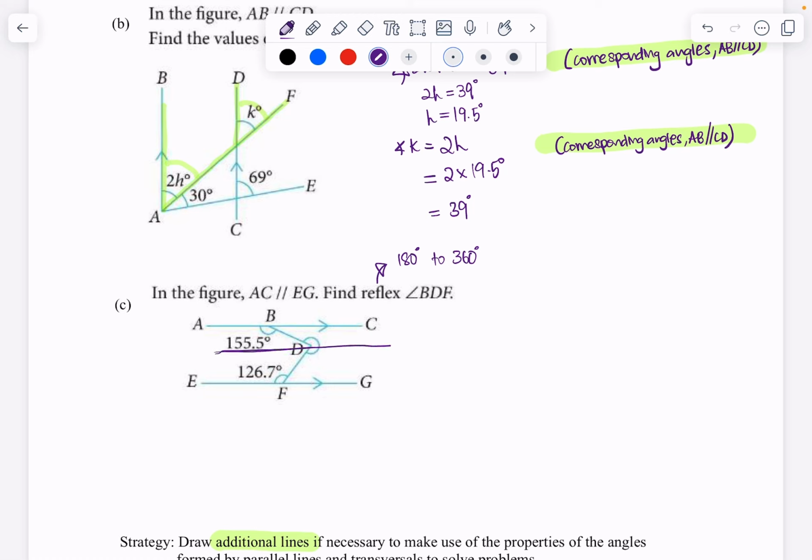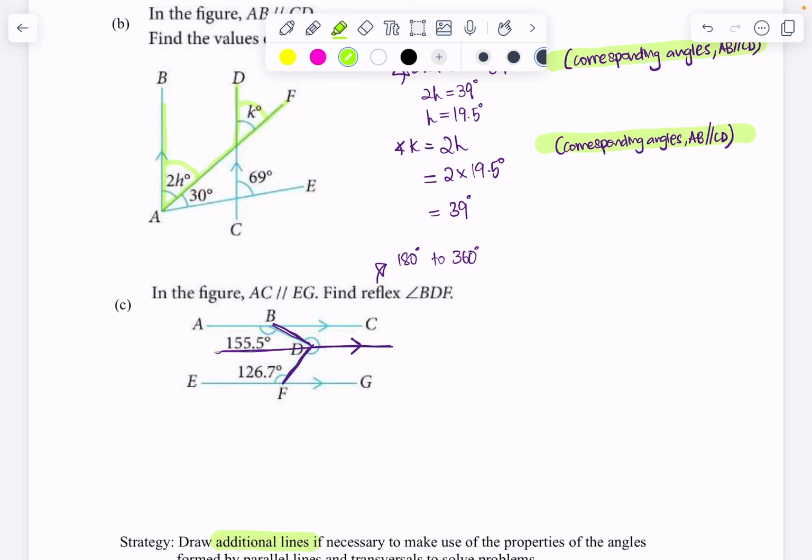Actually, I'm not drawing a transversal, I'm drawing another parallel line such that the line BD is now a transversal. The line DF is now a transversal. Can you see that? Now I've drawn another parallel line, so I will be able to make use of some parallel lines properties.